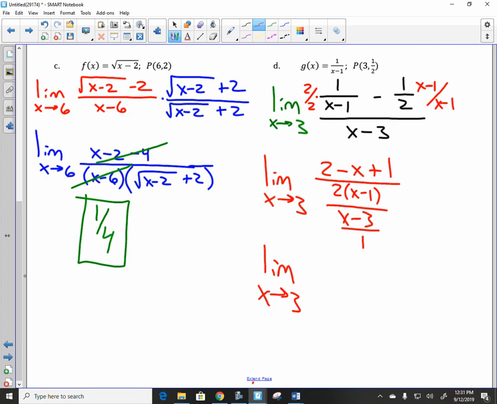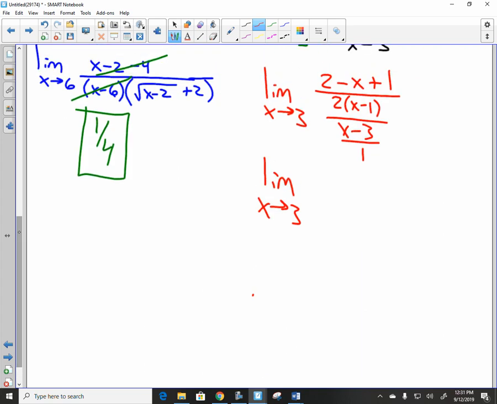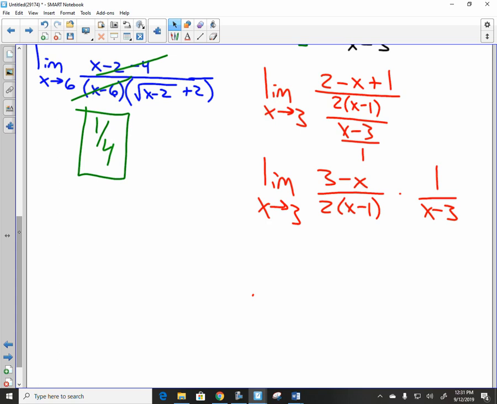As x goes to 3, it looks like I'm going to write this as 3 minus x over 2 times x minus 1. I'm going to take Samantha's advice, multiply by the reciprocal, which is 1 over x minus 3. Draw out that negative, cancel off those terms. Now plug in 3. 3 minus 1 is 2, times 2 is 4.